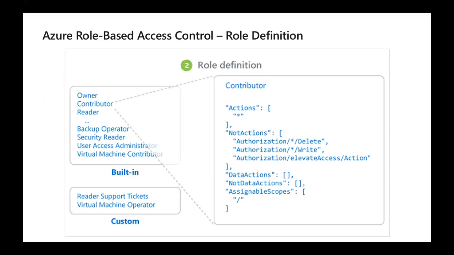The roles can be at a high level, like an owner, or we can assign a specific role, like virtual machine reader, right? So this is specific, and the other one was more general.